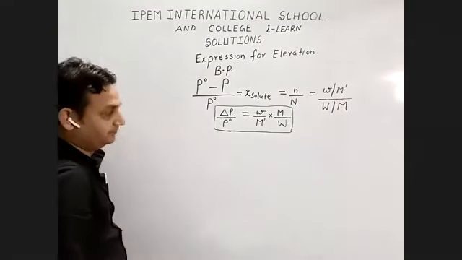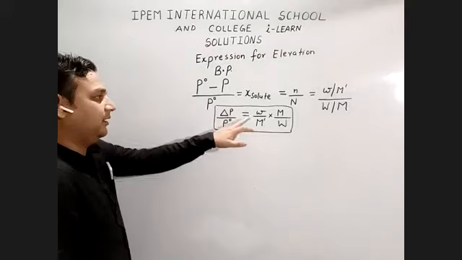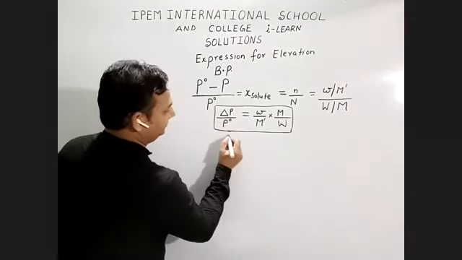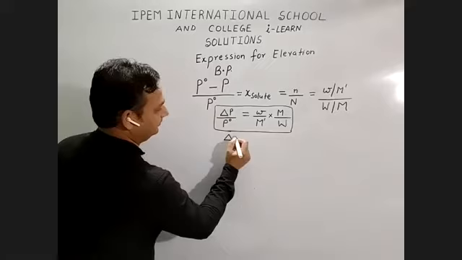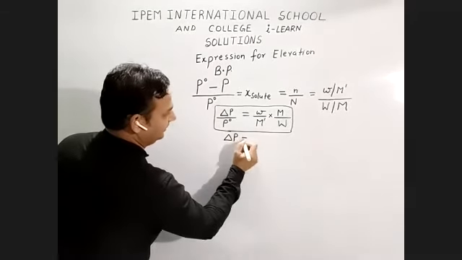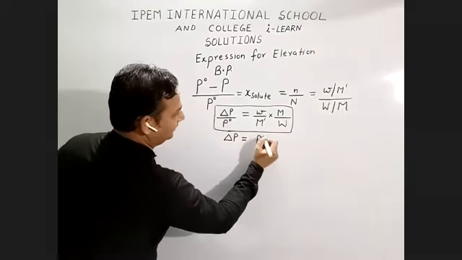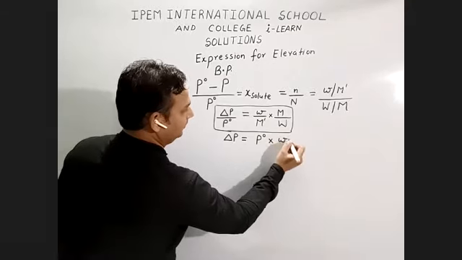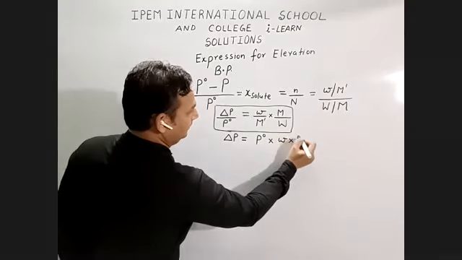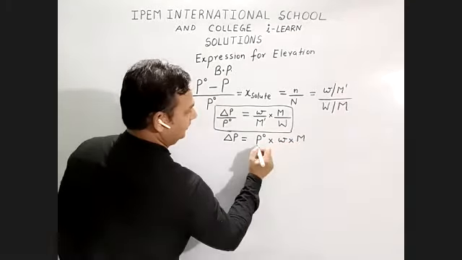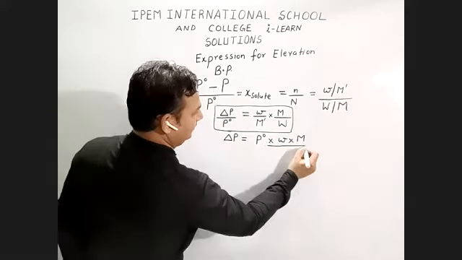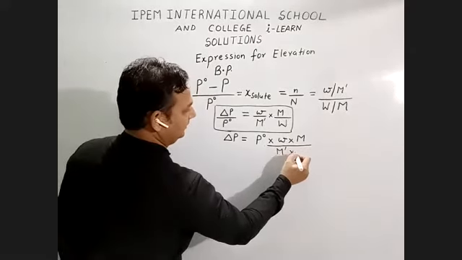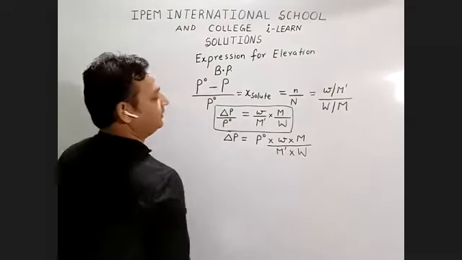So if we cross multiply this, we have delta P is equal to P naught into M into w upon M dash into W.